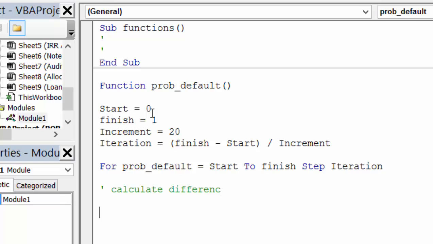Now once we have the difference calculated, then we put if, and let's just pretend from a difference. And that's going to be equal to the IRR realized minus the IRR computed.